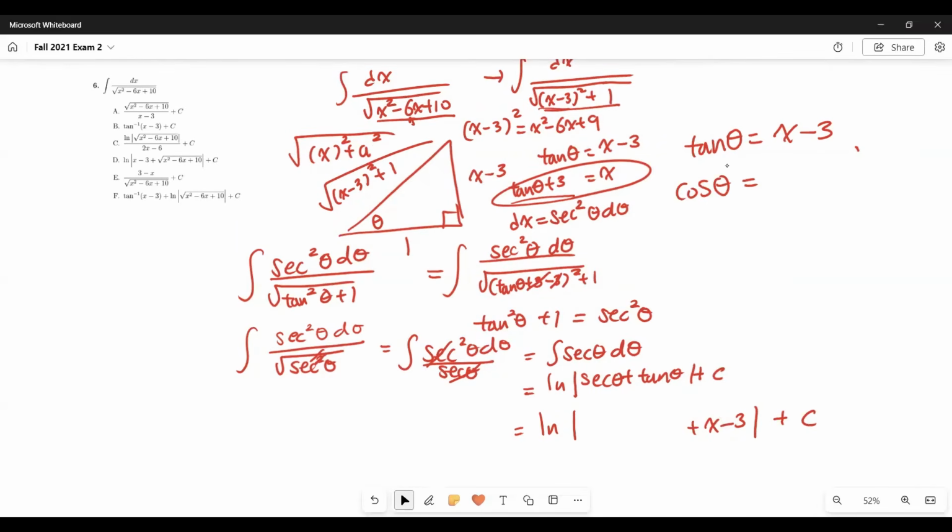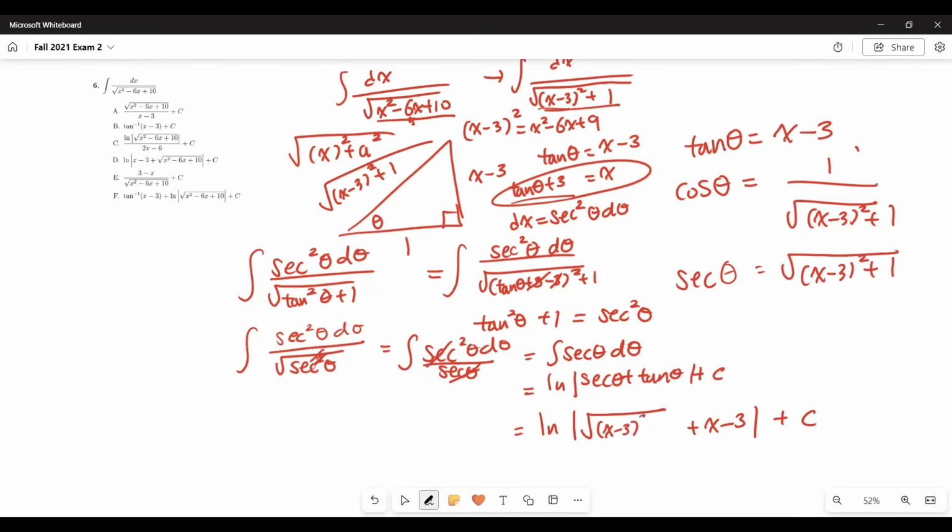Cosine theta is 1 over the square root of x minus 3 squared plus 1, and secant theta is the inverse of it, meaning it will be just the square root of x minus 3 squared plus 1. So it's gonna be ln the square root of x minus 3 squared plus 1 plus x minus 3 plus c.